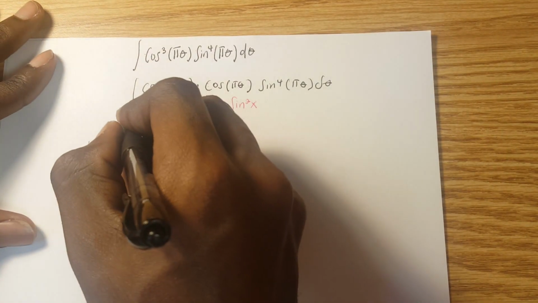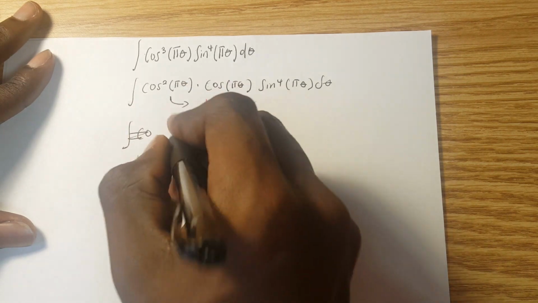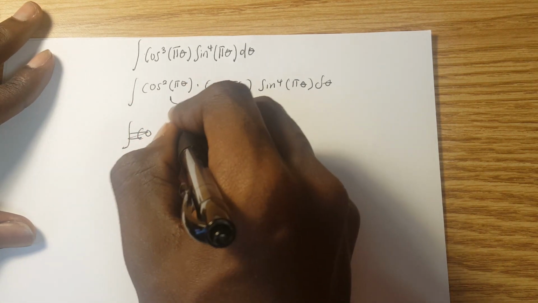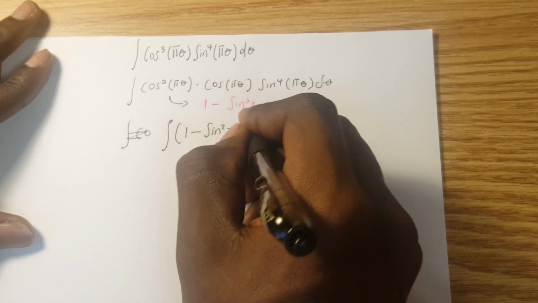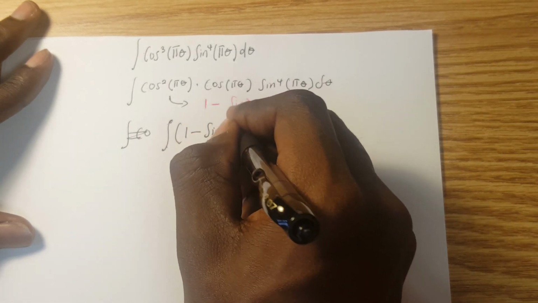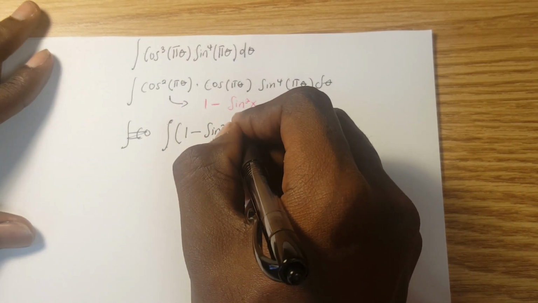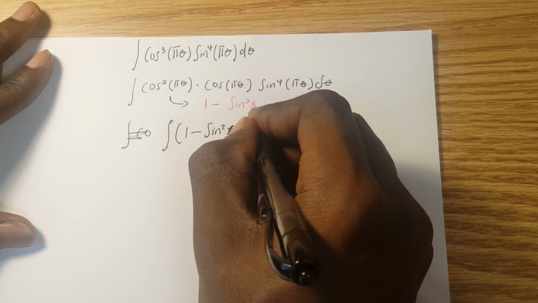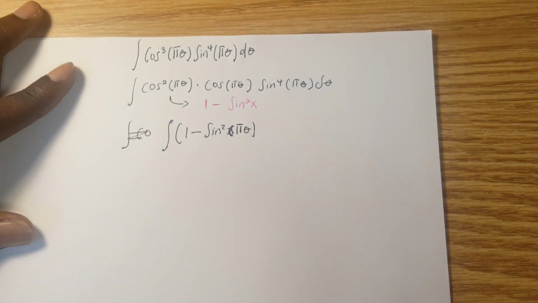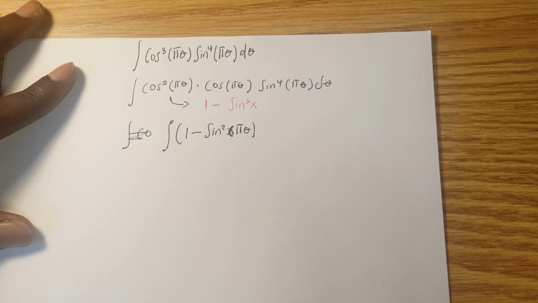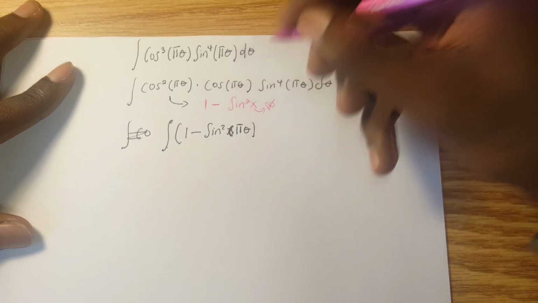You will have 1 minus sine squared x. Sorry, it's not x. In this case, x is pi times theta. So in this case, this is pi theta.